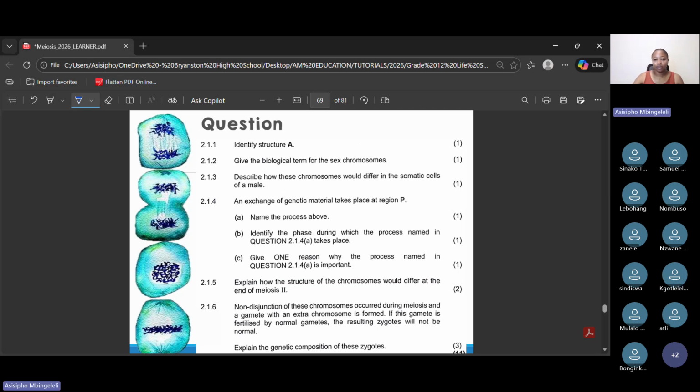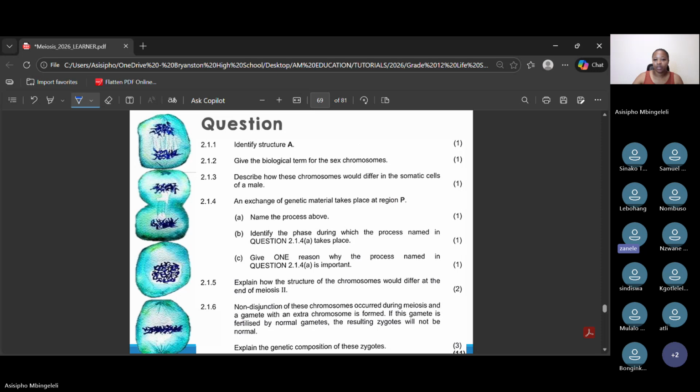Anyone, please do give me an answer. Is it not 2 pairs of homologous chromosomes? The biological term for the sex chromosomes.